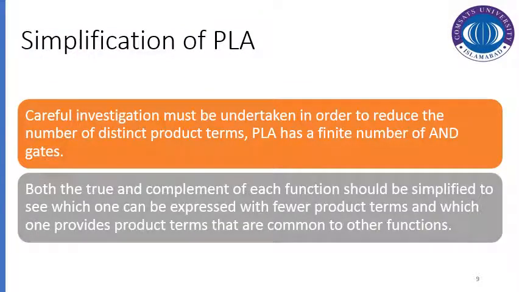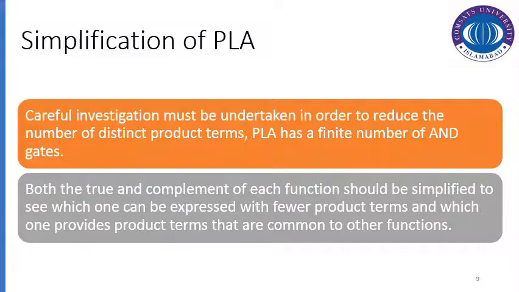Well, as far as the simplification of PLA is concerned, one important observation which we can go through is we can carefully investigate whether there are any terms that are common between the functions, or we can reduce some distinct product terms, because the fewer the product terms, the fewer the resources of the AND array that are consumed.